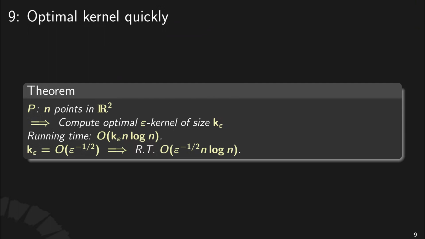We can compute an epsilon kernel of size k over the size of the optimal kernel times n log n. Since the optimal kernel is bounded by 1 over square root epsilon, and we consider epsilon to be a constant, effectively this is an n log n running time algorithm, so we got what we wanted.